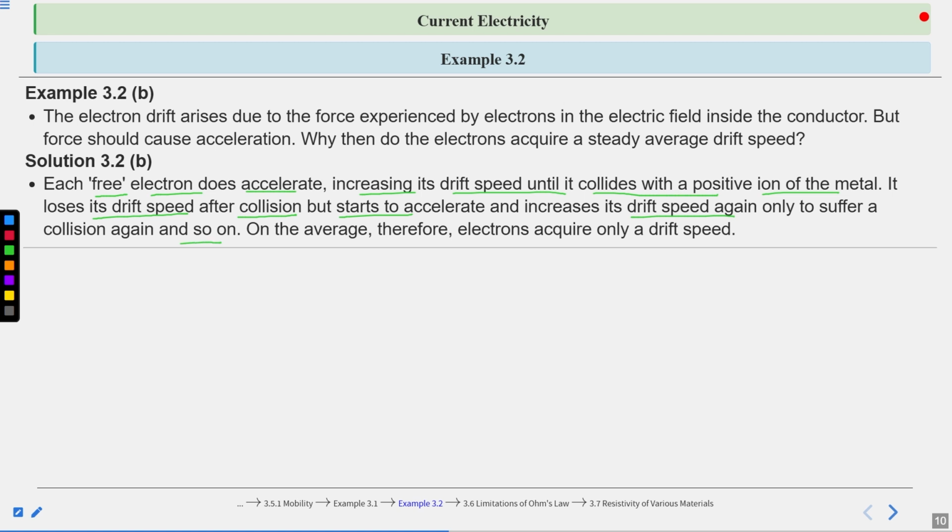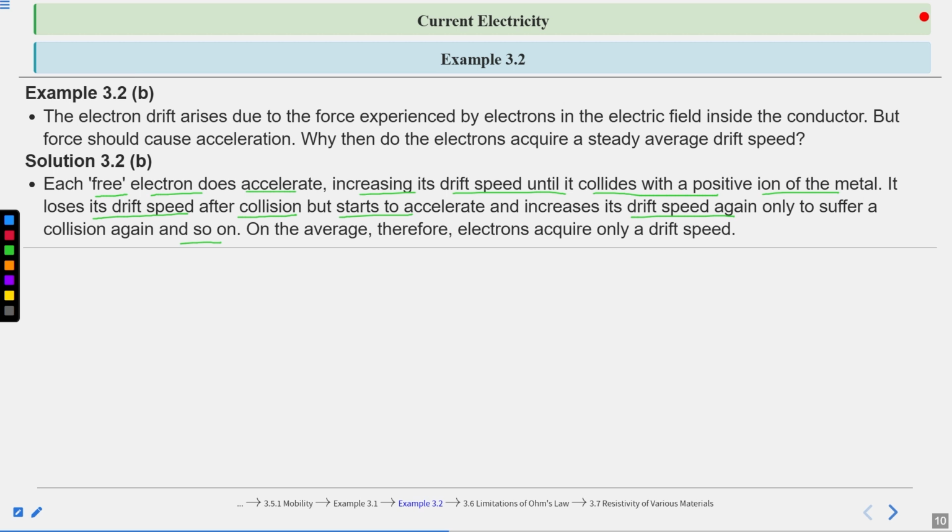Okay, so it will collide at one metal ion, then it will again acquire some drift speed, and its drift speed increases until the next collision happens. It loses its drift velocity. After losing its drift velocity, it will again accelerate and attain some drift velocity and collide, and this process goes on.